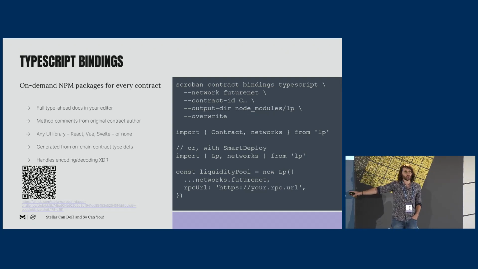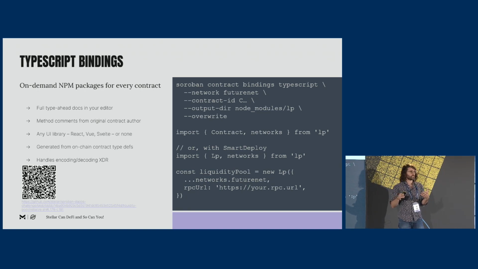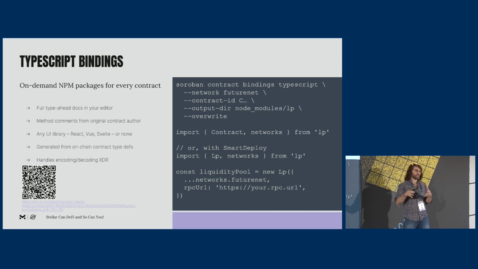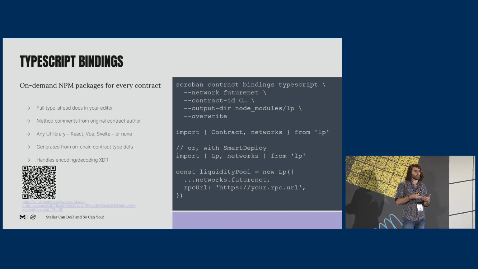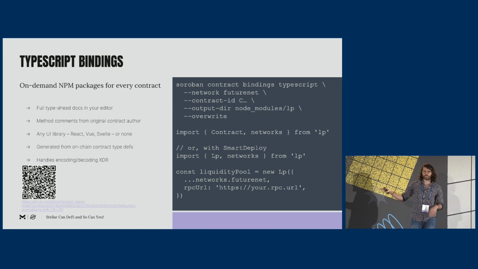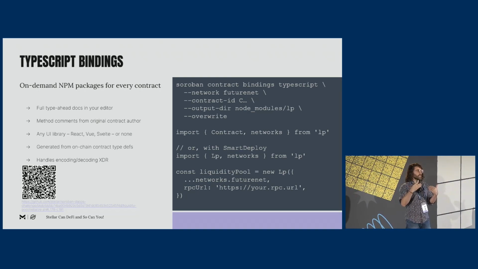This networks export is kind of splitting the difference between just exporting the interface of the contract and, if the contract author wants to publish this to NPM, letting them also say, these are the different networks that I know I support. On FutureNet, I'm published with this contract ID. On testnet, this contract is published with this contract ID. And on mainnet, it's this one.